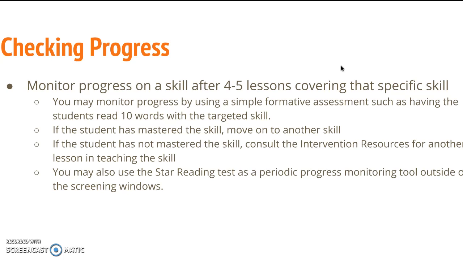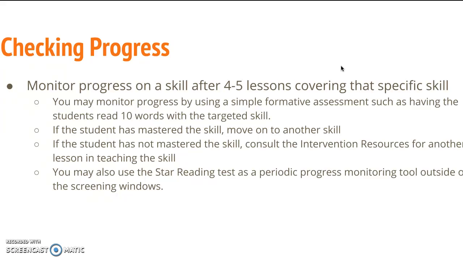I recommend 4 to 5 lessons on a specific skill, whether that is short A CVC words or sneaky E words or whatever the skill might be. I recommend 4 to 5 lessons in person with you over that specific skill. After you've had those 4 to 5 lessons, it's probably time to monitor the progress.